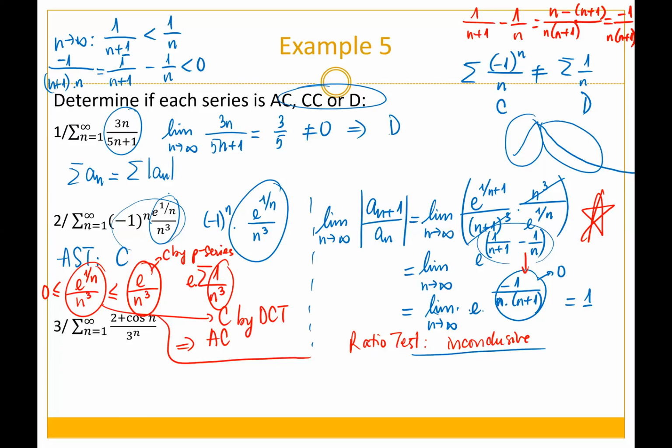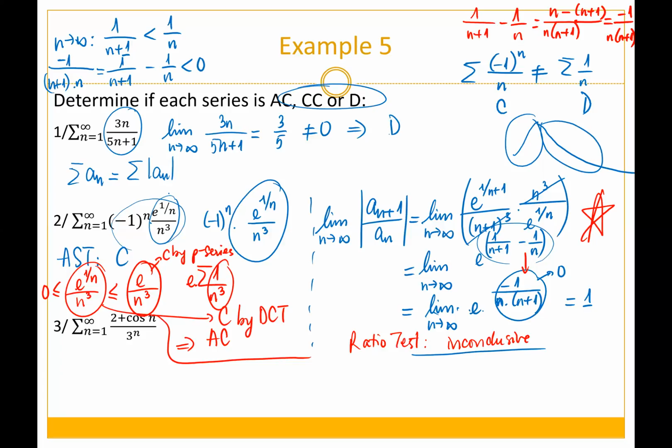Happy, you're using comparison test. Kyrie, can you tell me why we use AST? I mean, I haven't said it's right or wrong yet, but you have to have reasons for your decision, right? Why do you use AST for number 3?